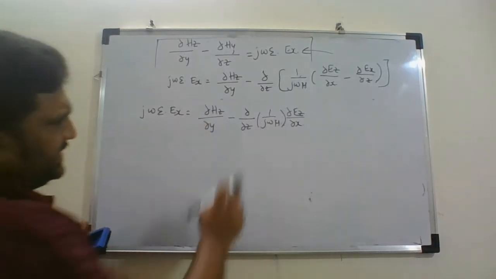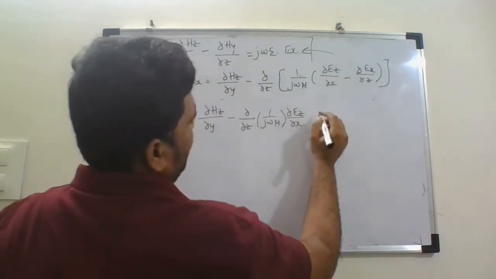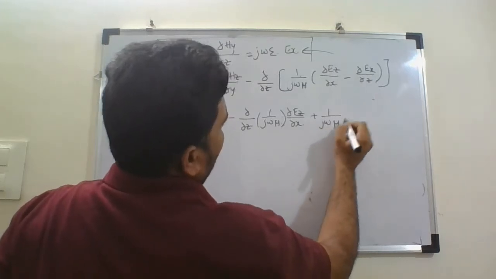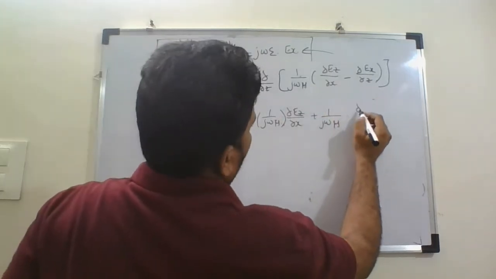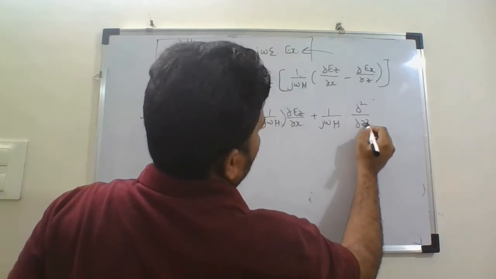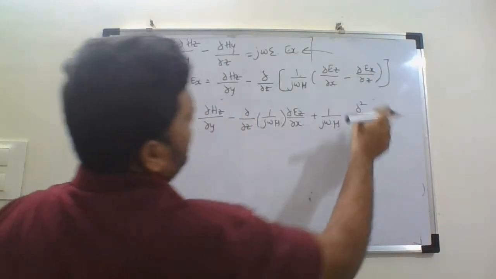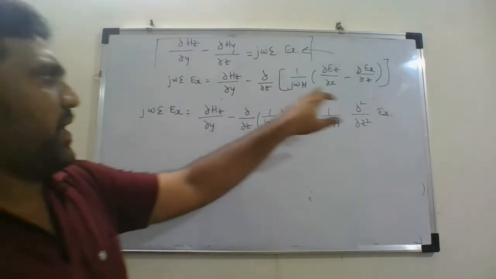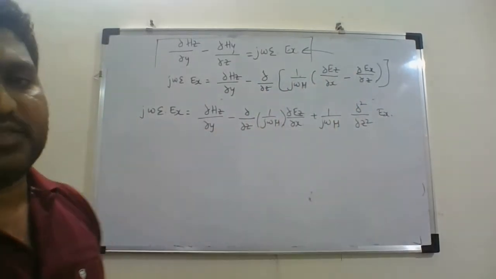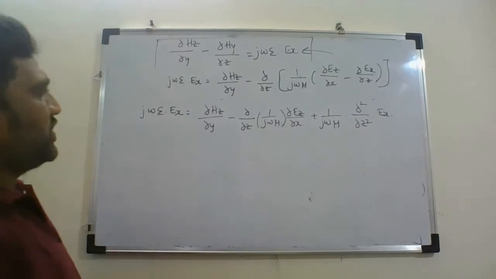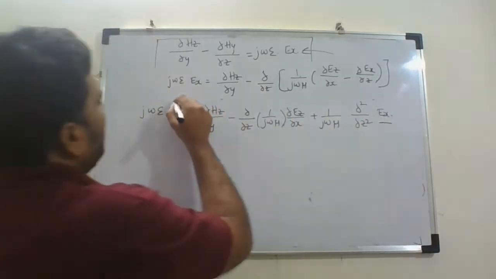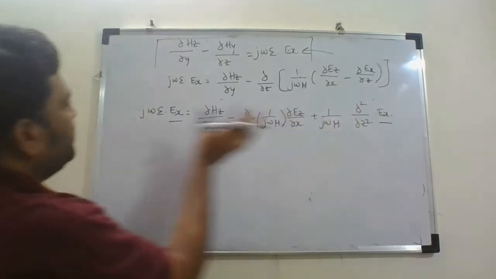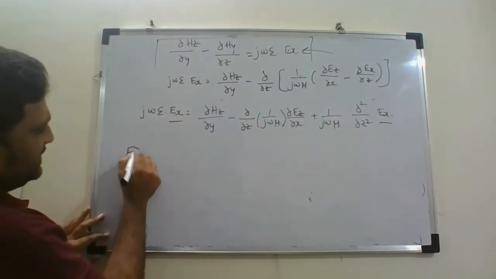Next, the second term: minus of minus will become plus, 1 by jωμ into ∂²/∂z² of Ex, isn't it? Okay, so when I expand this, I will get something like this. Now here I have an Ex term, here also I have an Ex term. So let us take this Ex term to this side and take that as common.